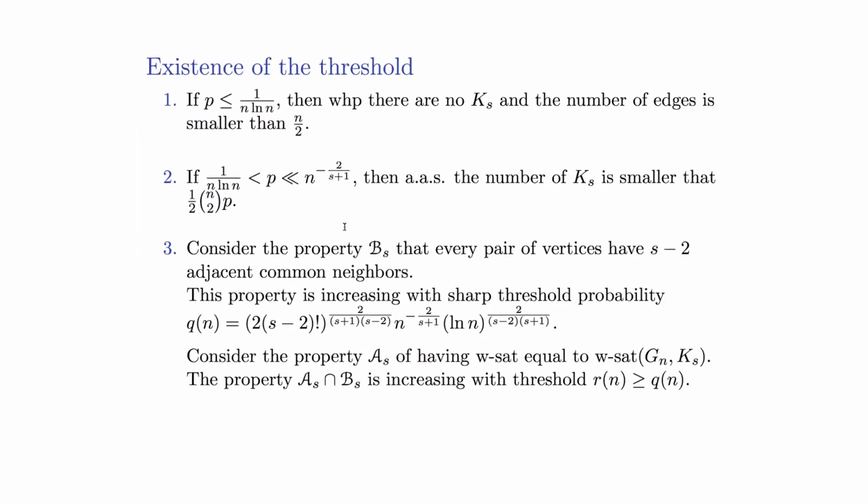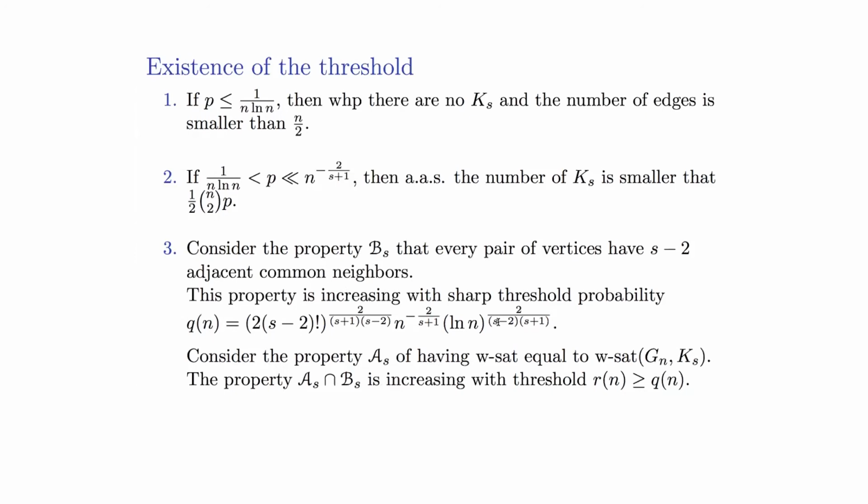So here we do the following thing. First of all, we consider the property B_s, that every pair of vertices has s minus 2 adjacent common neighbors. Of course, this property is increasing, and it is known that it has a sharp threshold probability, and even the exact value of the sharp threshold is known.